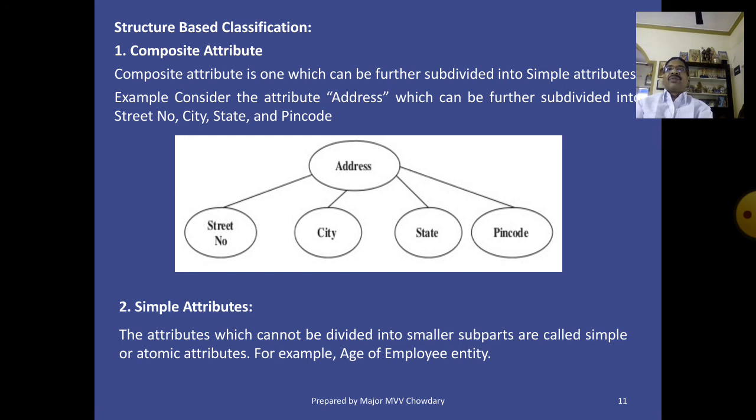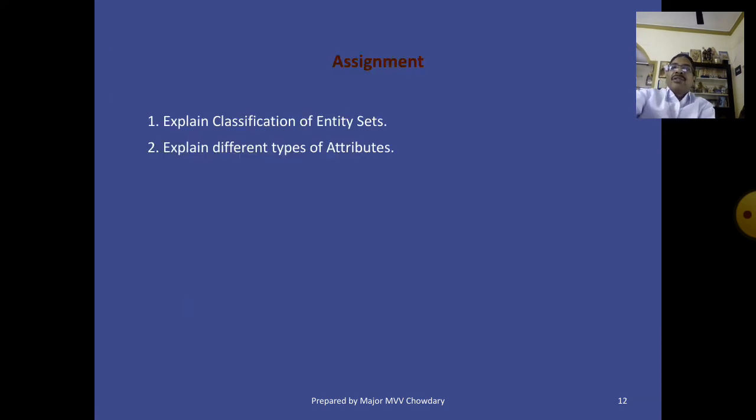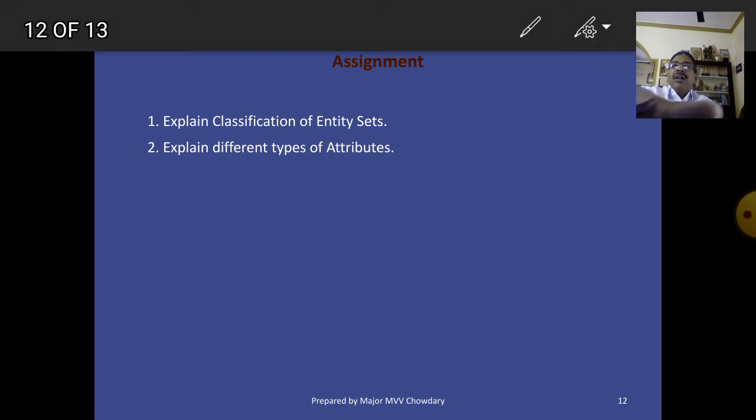Simple attribute. The attributes which cannot be divided into smaller subparts are called simple or atomic attributes. Age of an employee entity cannot be divided, so it is a simple attribute.